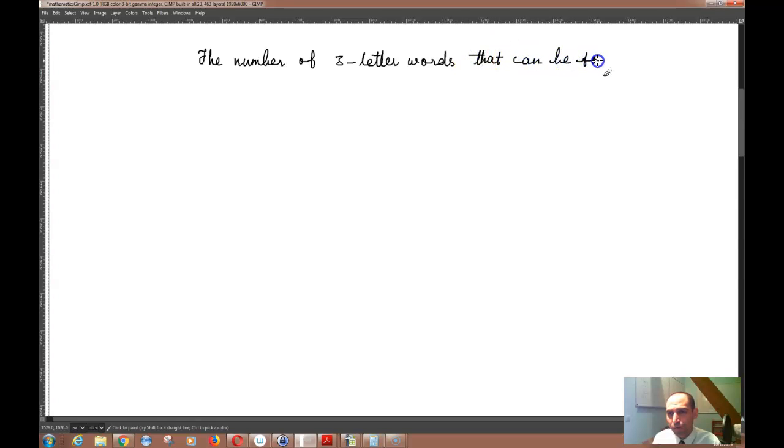Now suppose that you want to calculate the number of 3-letter words that can be formed by the letters of the word number, for example, right?